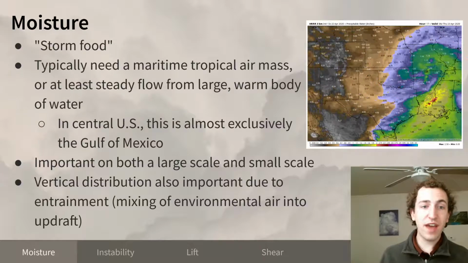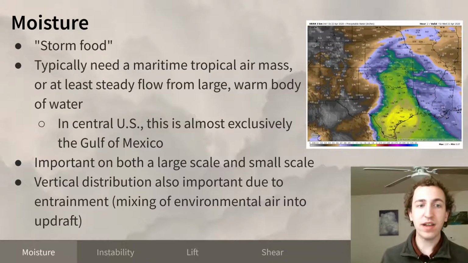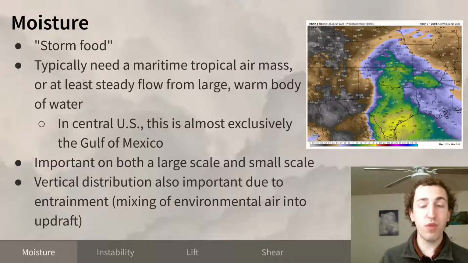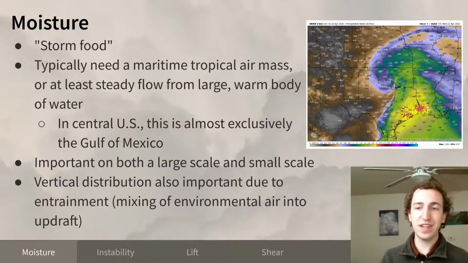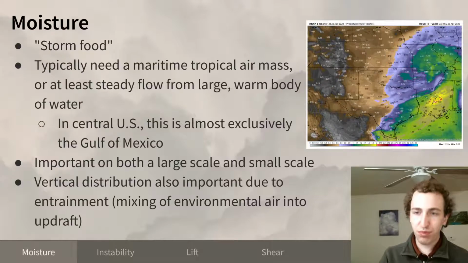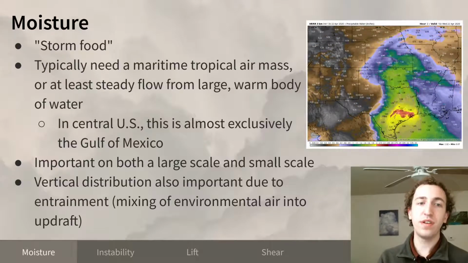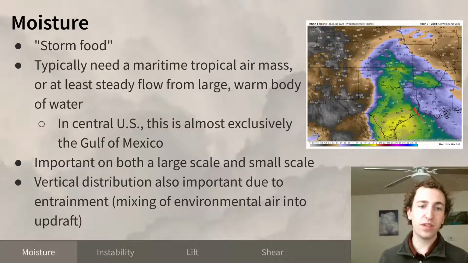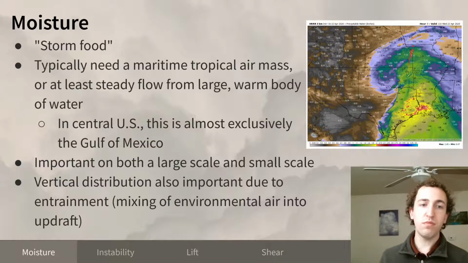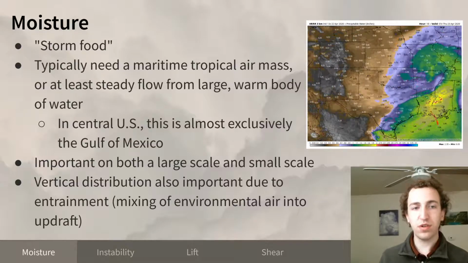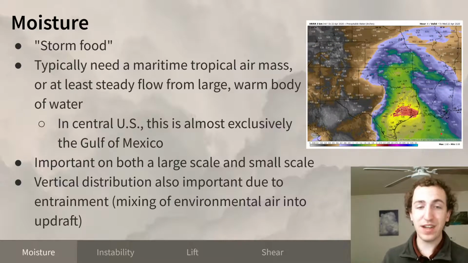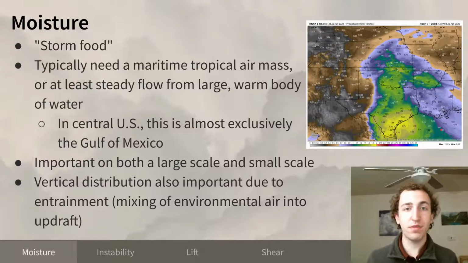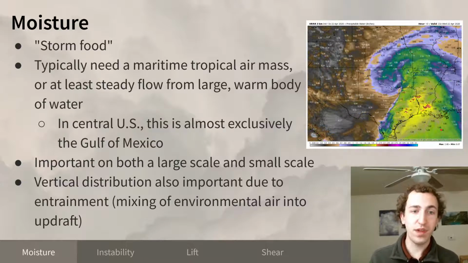Or even if you don't have a fully steady air mass, you need at least flow from a large warm body of water, which in the central United States is pretty much always the Gulf of Mexico. So you're always going to have flow coming up from the Gulf of Mexico, bringing moist air, not always saturated air, but air with a lot of moisture content up from the humid and warm Gulf of Mexico region.